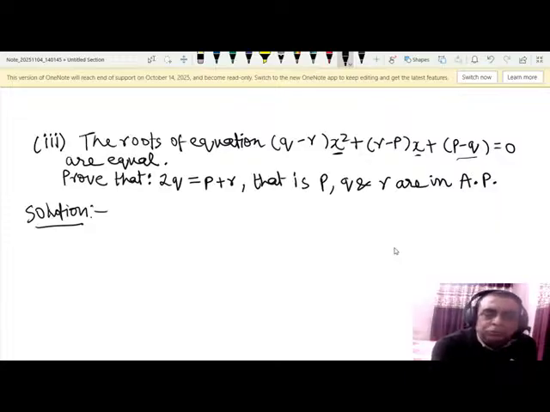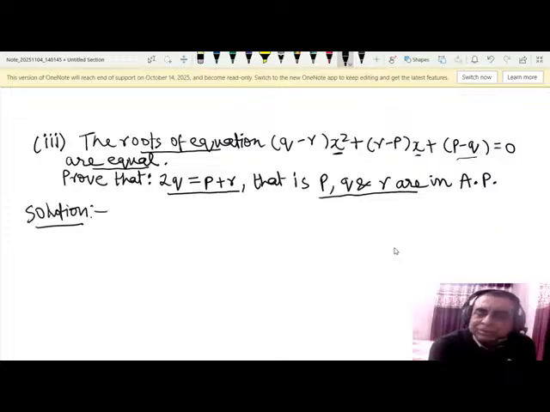So the roots of this equation are told to us to be equal. Both roots are equal. We have to prove that if the roots are equal, then 2 times the q value will be equal to p plus r. That is, p, q and r are in AP, where q is the middle term.